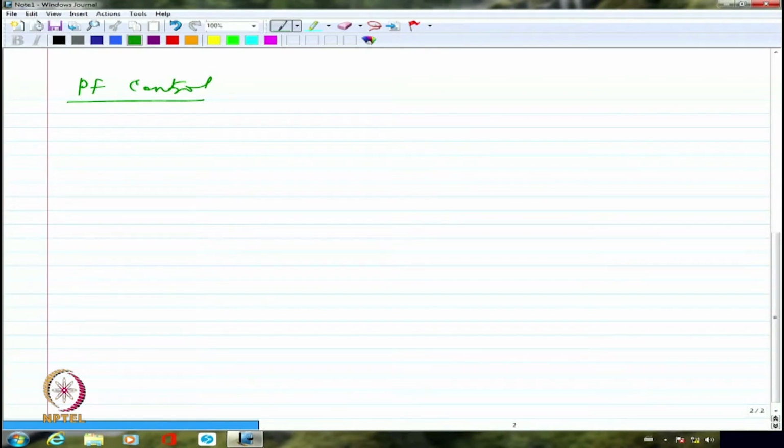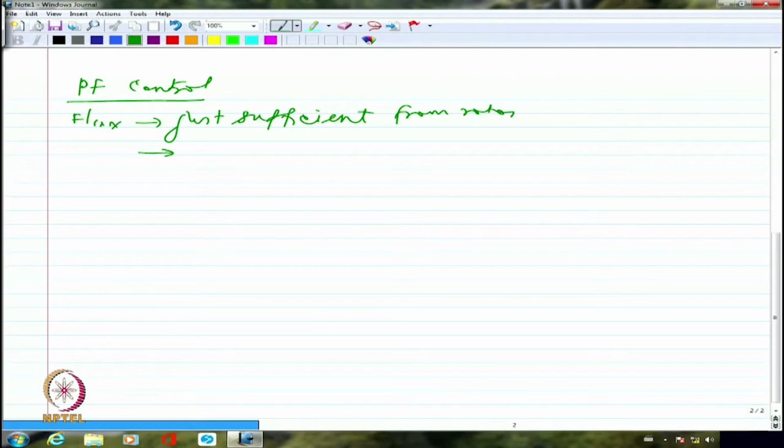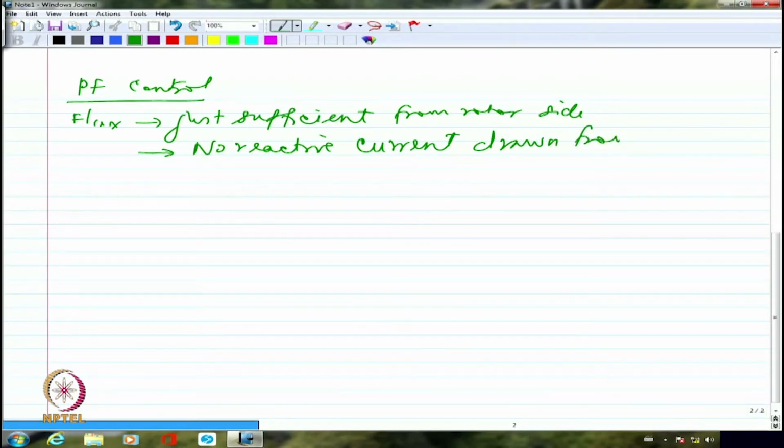So if the flux is just sufficient from the rotor side, then I'm going to have no reactive current from the stator side, due to which I will have unity power factor.